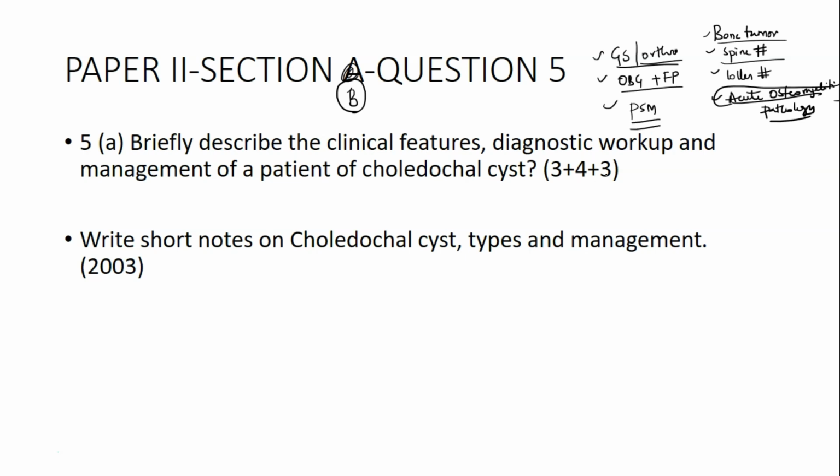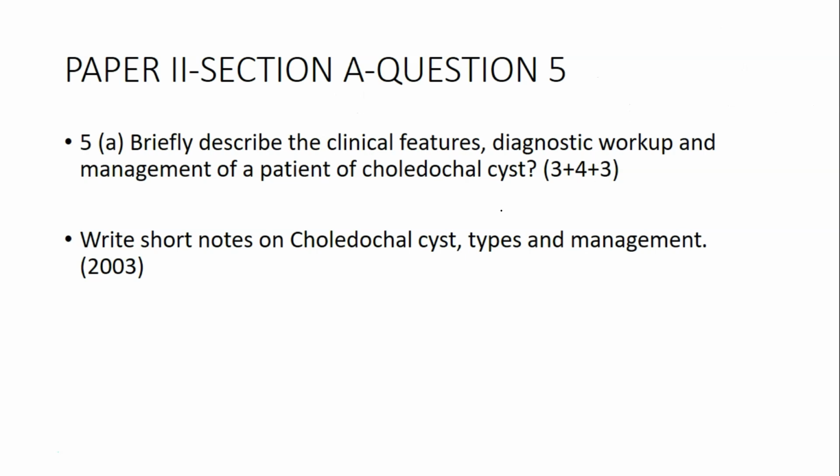Preventive and social medicine. Now this choledochal cyst: we have disorders of the gallbladder and bile duct. There are so many disorders like choledochal cyst, cholecystitis, etc. We did cover cholecystitis and gallstones, but we missed out on choledochal cyst, thinking that it may not come.